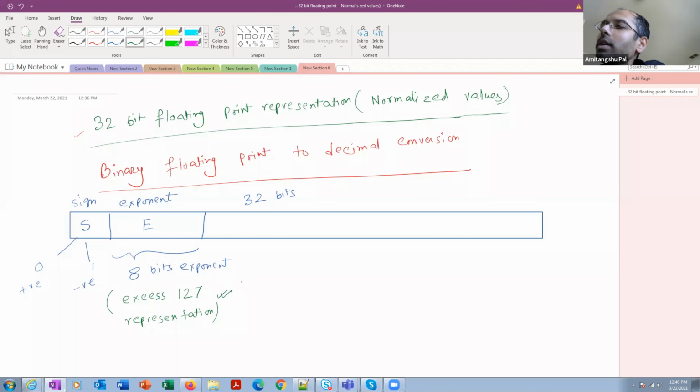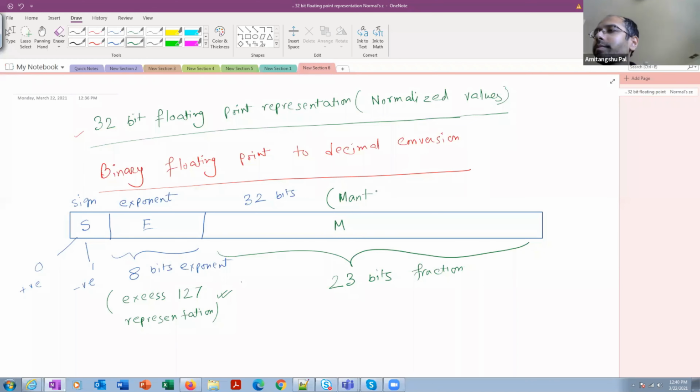Okay. The first bit is the sign bit, the next 8 bits are the exponent bits. The remaining 23 bits represent the fractional part, which we also call mantissa. All right.